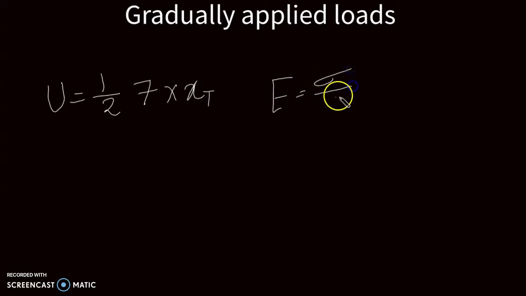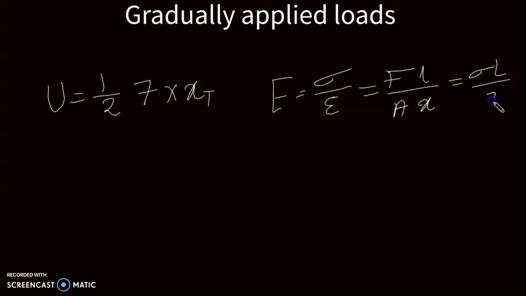Young's modulus is equal to stress divided by strain, which will be equal to force times length divided by area times change in length, which will be equal to stress times length divided by change in length. Depending on what information you are given, you can manipulate the formula to make it suitable for the information that you have.